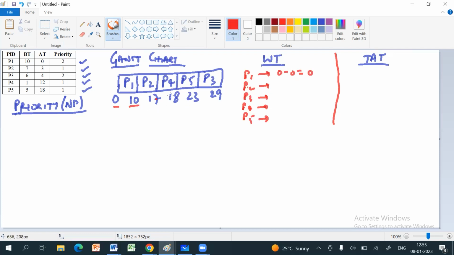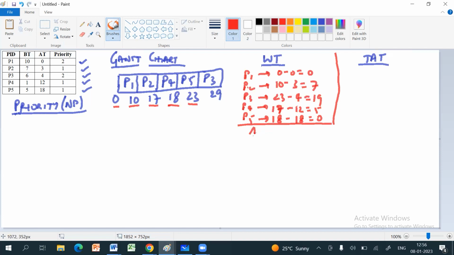P2 start time is 10 minus its arrival time 3, so that is 7. P3 start time is 23, so 23 minus its arrival time 4, which is 19. P4 start time is 17, so 17 minus its arrival time 12, which is 5. And P5 started at 18, so 18 minus the arrival time 18, which is 0.